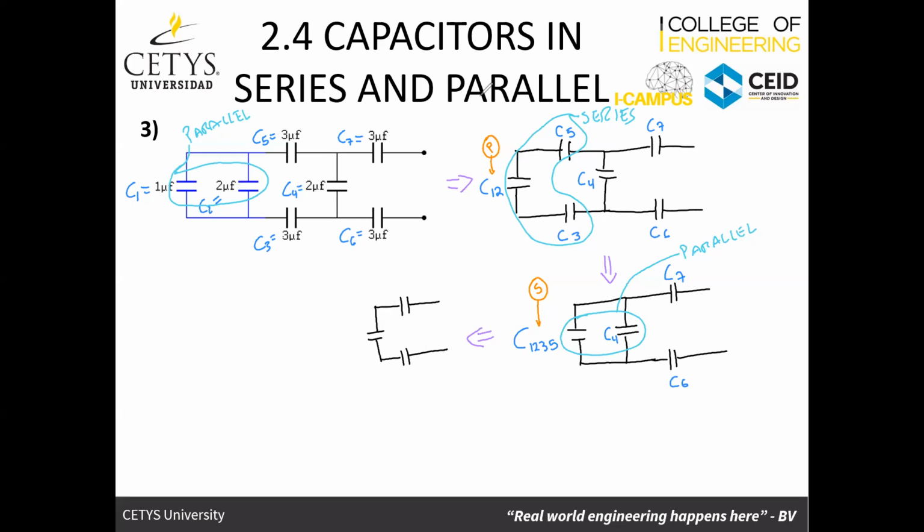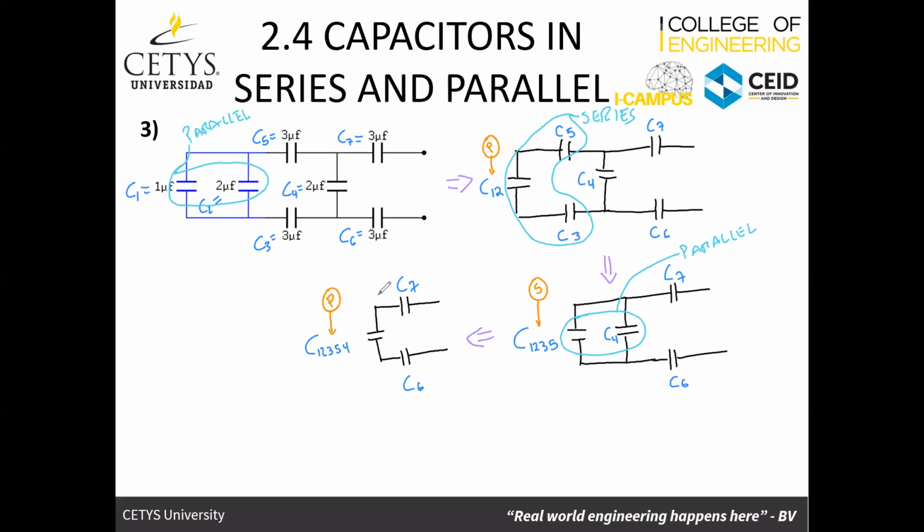This is now going to be C1, 2, 3, 5, 4. I'm putting the order on purpose, so I'm not writing 1, 2, 3, 4, 5. I'm writing 1, 2, 3, 5, 4 on purpose because that's the way we're grouping them. C6 and C7. This one here, just as a note, comes from a parallel connection.